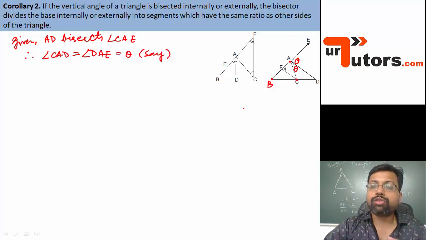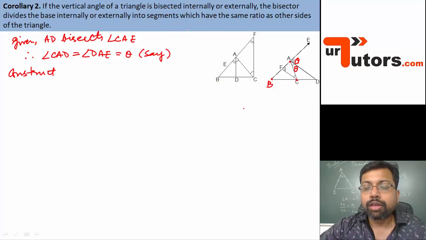Okay, this angle we assume to be theta. Now again you construct. Again, what do you have to prove? You have to prove the same thing. What does AD do? AD divides the base into ratios BD by CD is equal to AB by AC. Right? D divides the base BC in the ratio BD by CD.